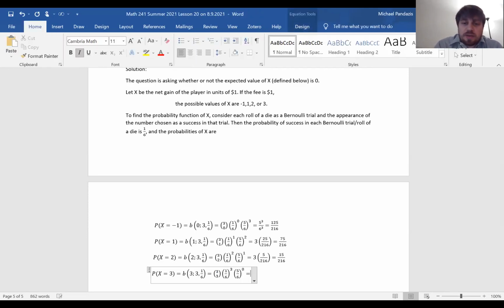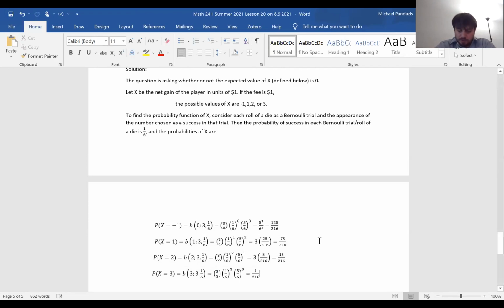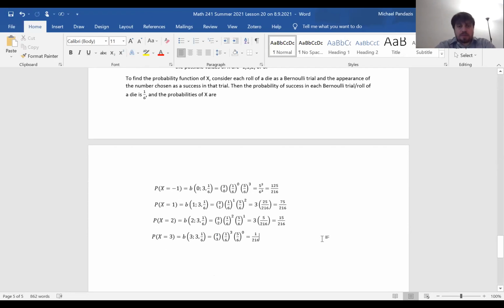Number appears all 3 times, so you have 3 successes, 0 failures. 3 choose 3 is 1, 1/6 cubed, 5/6 to the 0 is 1. 1/6 cubed is 1 over 216. So that is 1 over 216. So those are the probabilities of all possible x values.